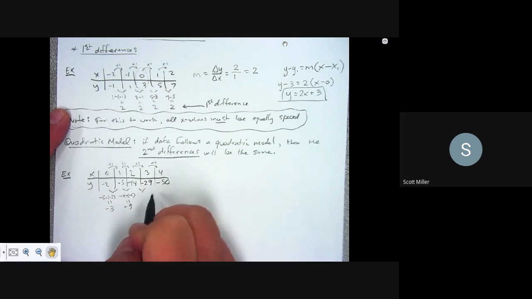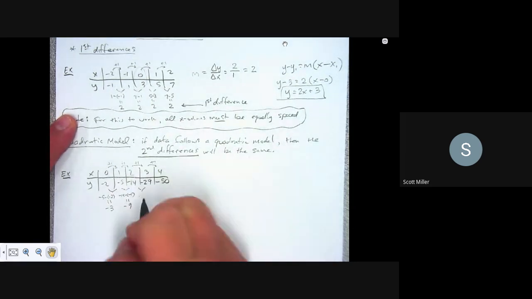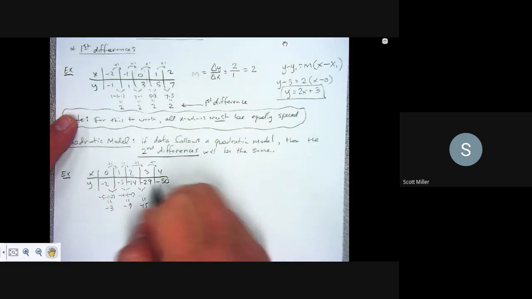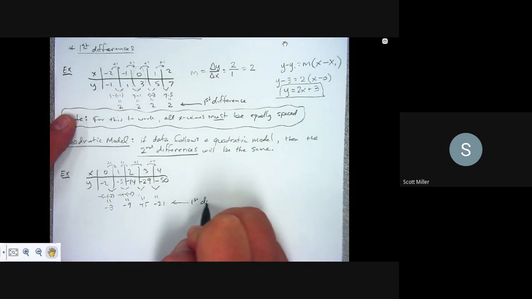And because I'm running out of room in here, I'll write it down here: -15. And if I subtract these two numbers right here, the difference becomes -21. This is your first difference.